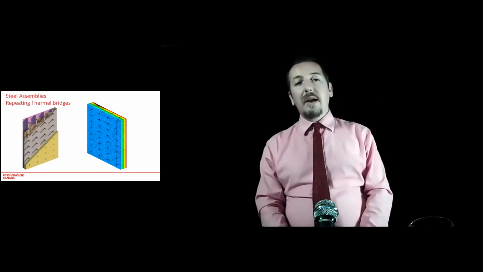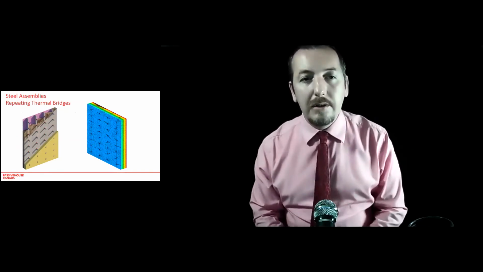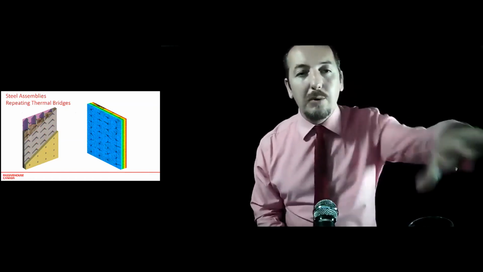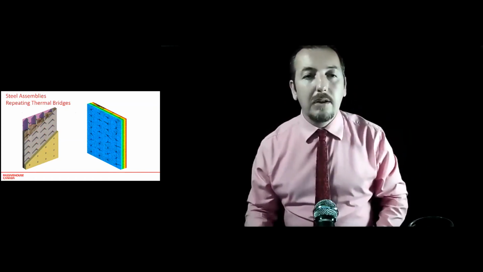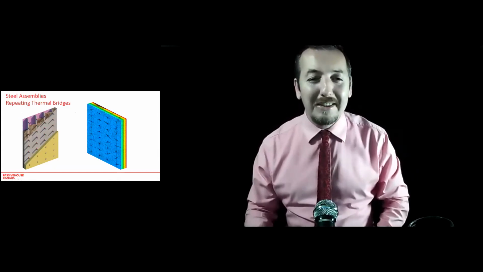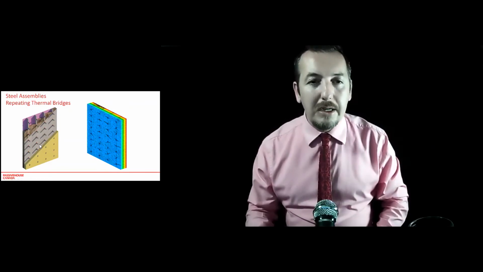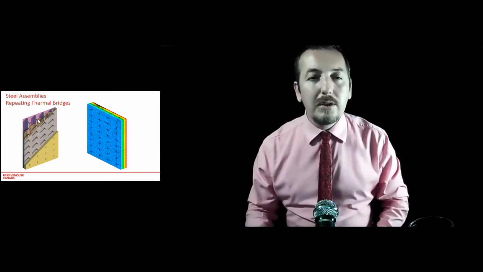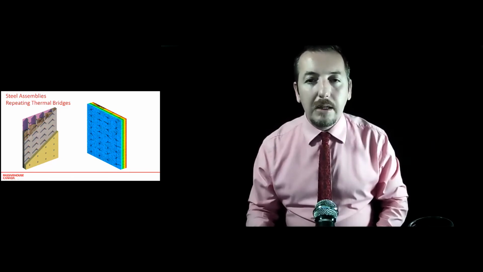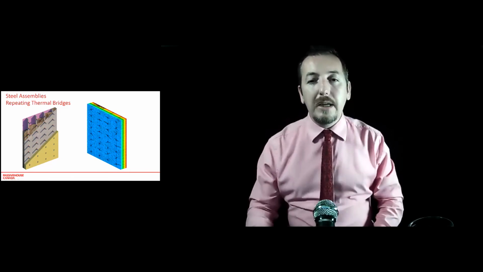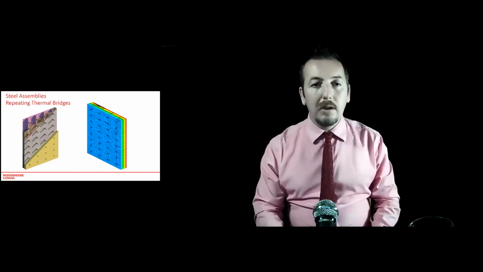Moving on from that, it'll actually calculate, as you should, with cladding attachments. Apologies, I keep pointing at the screen, but I need to use the cursor. So you can calculate full 3D models of cladding attachments with their bolts, with steel studs, and it'll calculate a U value based on a 3D assembly if you want that.